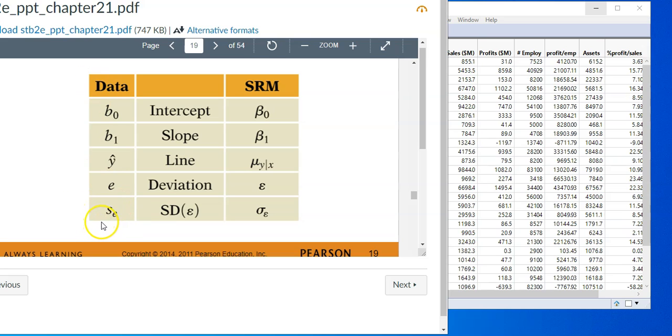On data, we show it using SE. So when you read the book on chapter 21, especially 21, 22, 23, 24, when you see SE or sigma of epsilon, they represent standard error. And standard error is the standard deviation of errors or residuals, those distances from the line.